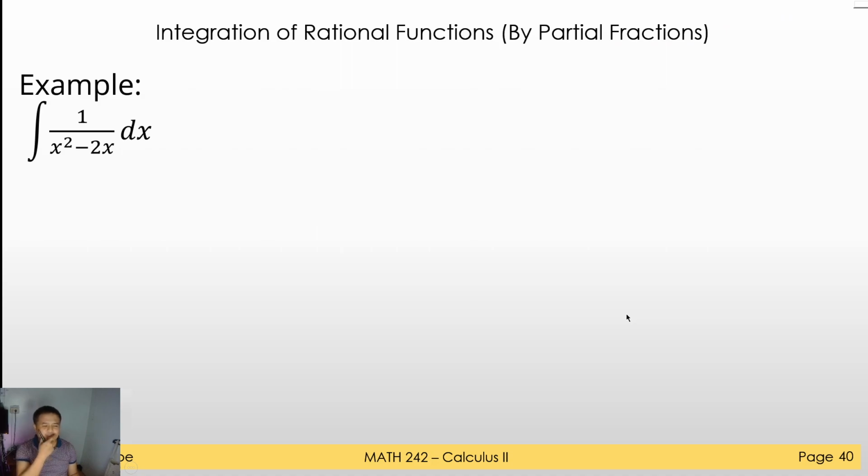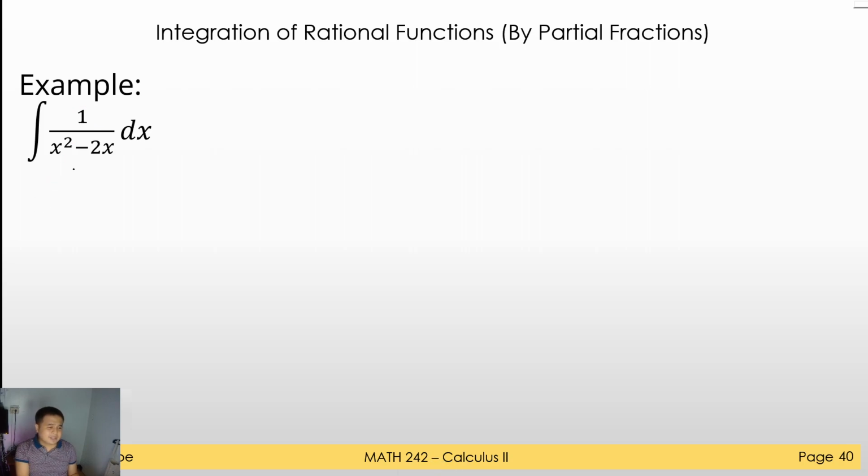Okay. So for this first example, let's say you have this rational function. The first thing you should do is analyze which of the two, the numerator or the denominator, has the higher degree. The higher degree here is the denominator, since the highest exponent is 2, and we do not have an exponent in the numerator.